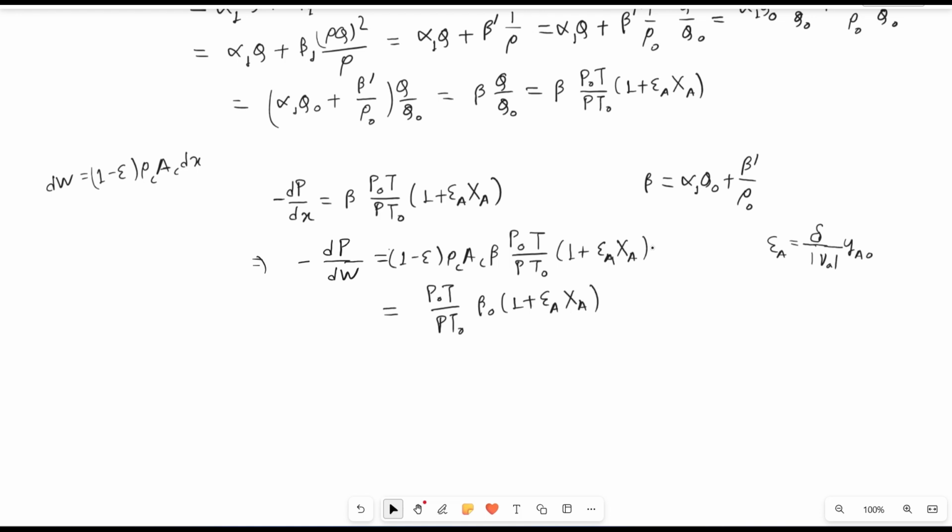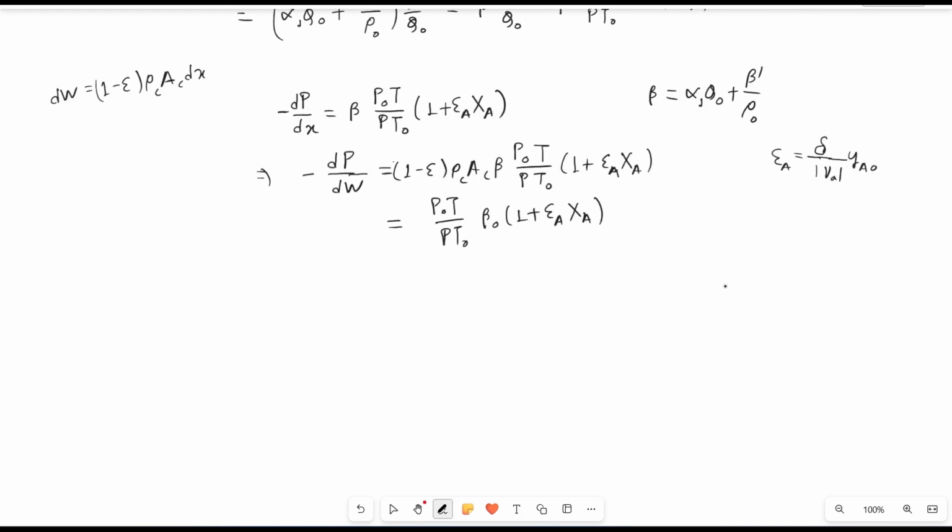So here we get another differential equation. We get two equations: minus FA naught dxA dW is equal to rA, which is a function of xA, pressure, temperature.